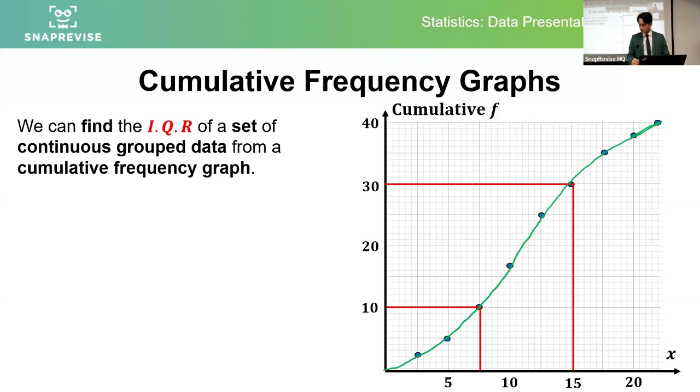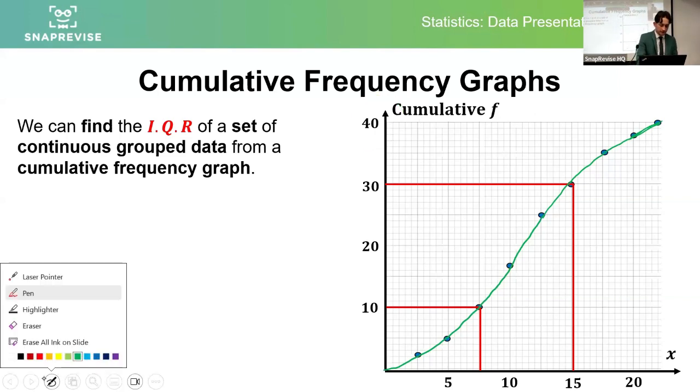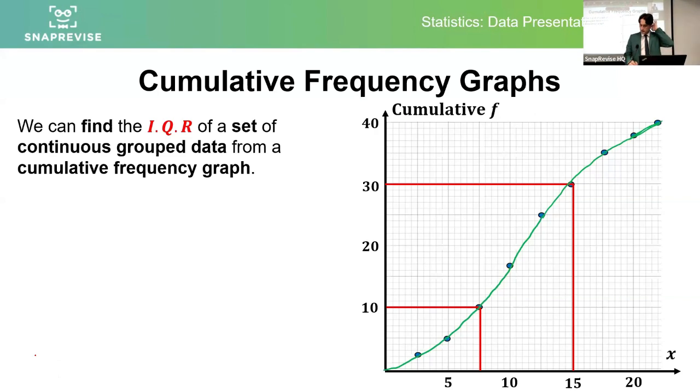So if I wanted the interquartile range, it's out of 40 pieces of data, even though I don't know the raw data. I know there's 40 bits. It's behaving in this cumulative amalgamation of stuff. So what I can do is chop that into quartiles. I could even find the median if I wanted. But the lower quartile would be at 10, the upper quartile would be at 30.